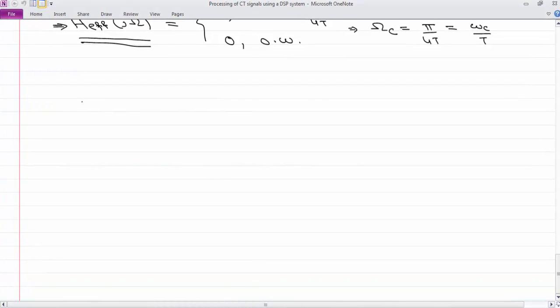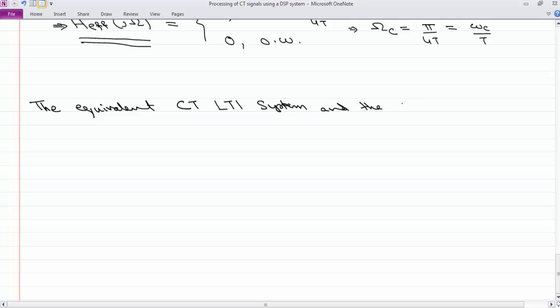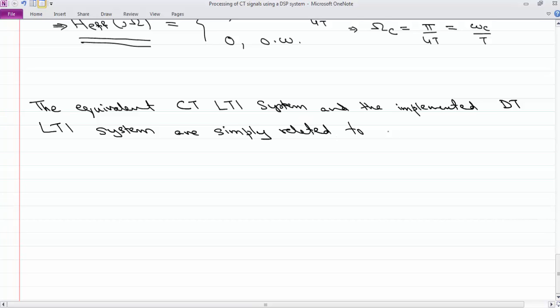Okay, so just to recap, the equivalent continuous time LTI system and the implemented discrete time LTI system are simply related to each other by a scaling of the frequency axis.